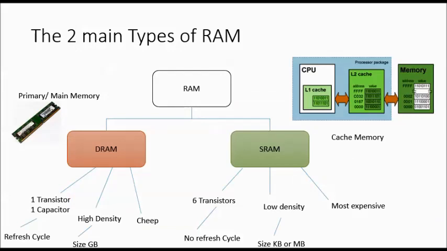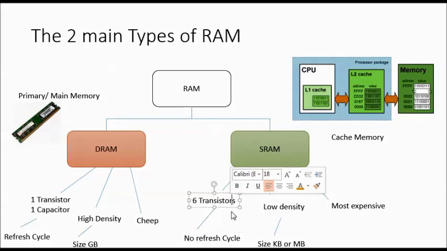To try and speed up the system as a whole, another type of memory has been created called SRAM. SRAM is built from 6 transistors. Now, unlike DRAM, SRAM, because it's built on electronics and transistors, as long as it remains powered, the memory cell will retain its contents without the need for refresh cycles. No refresh cycles needed here.